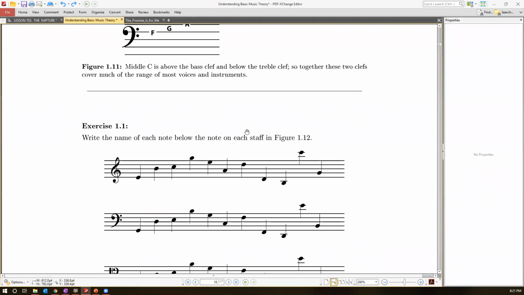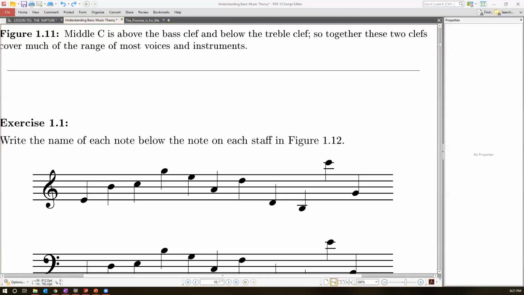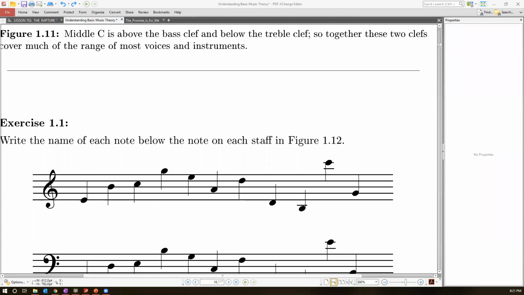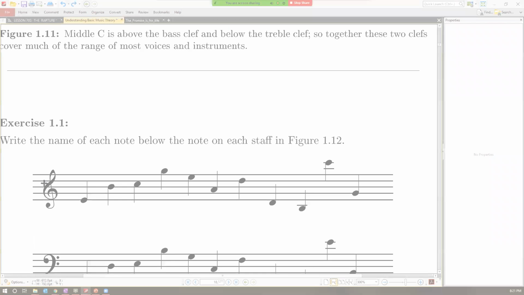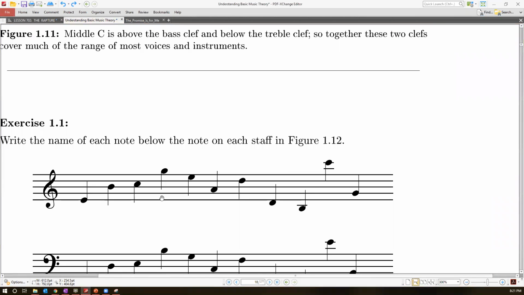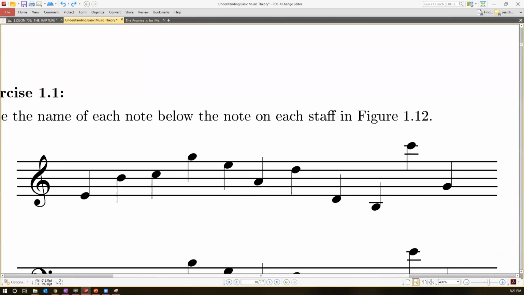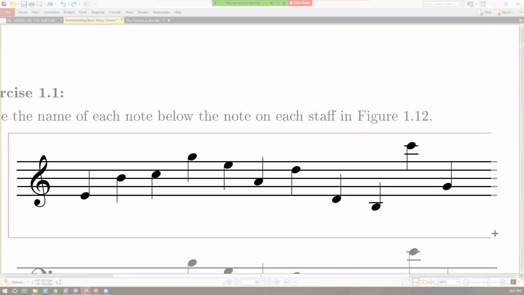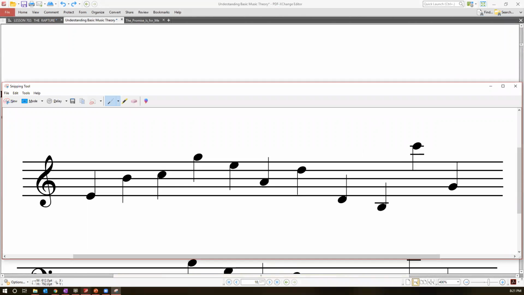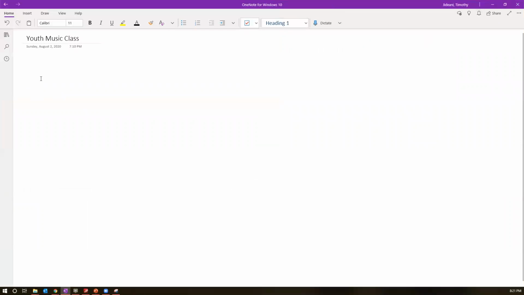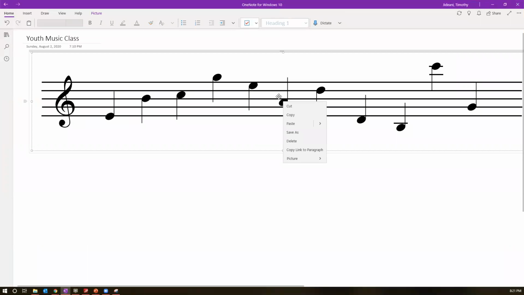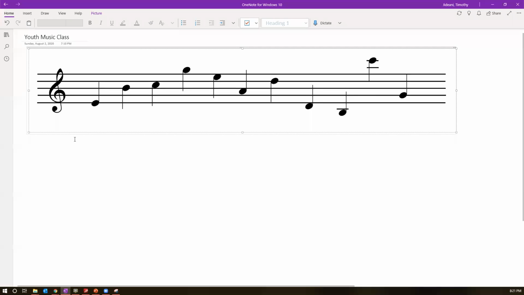Let us go to a workspace where we can do this, and we will quickly take a snapshot of this. So that's our treble clef.